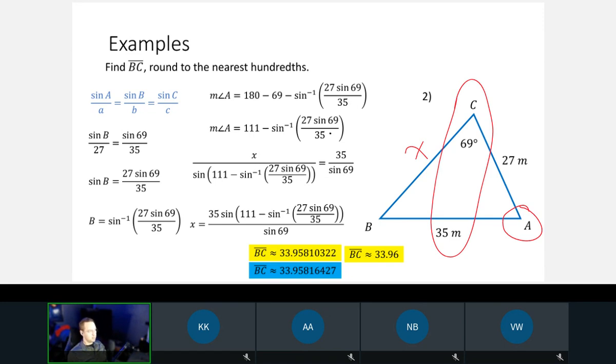What I have highlighted in yellow is the rounded answer using exact work. What I have highlighted in blue is from the previous page, the rounded work. So we're just comparing one versus the other. See how they're very close. With exact work, we get 95810. But in the rounded work answer, instead of a 0, we get a 6 here.